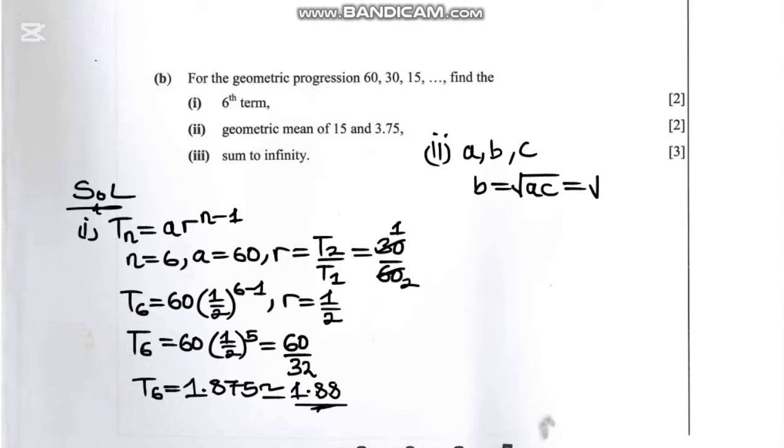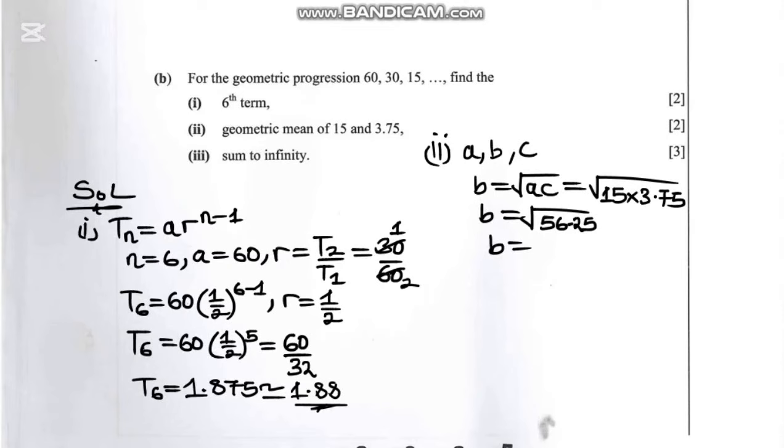So we take the square root of the product of 15 and 3.75. If you multiply 15 times 3.75, this gives 56.25. So let us find the square root of 56.25.